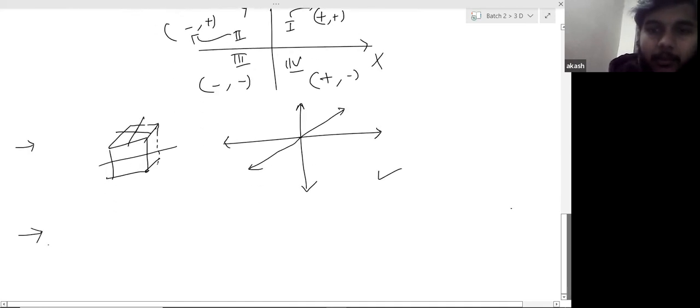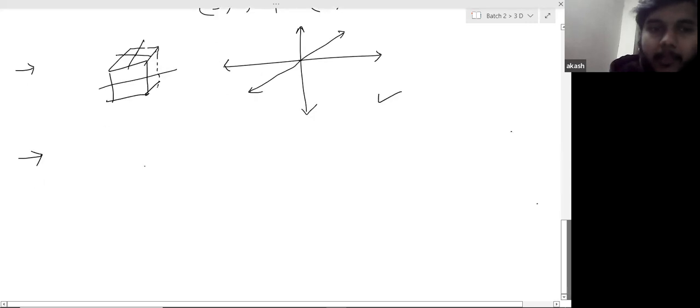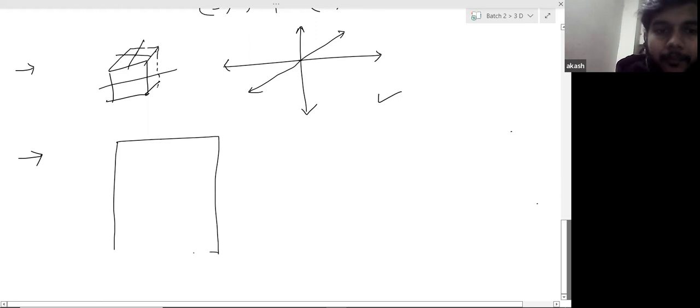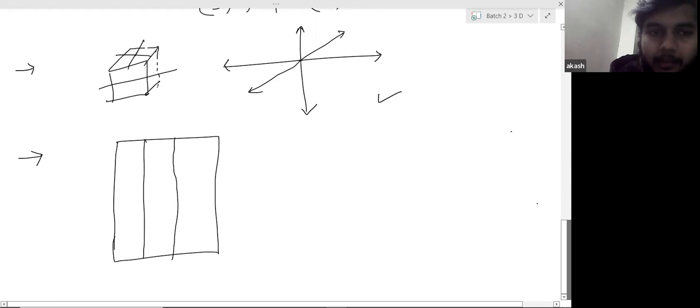So how to name them? Which is the first quadrant, which is the second quadrant, which is the third quadrant? For that we have to draw a table. There is a pattern you need to look at.